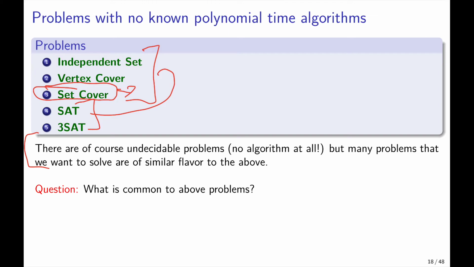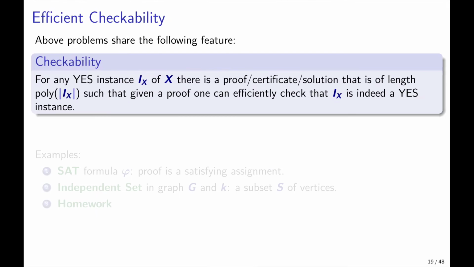So all those problems have in common that if the answer is yes, I give you an instance of the problem and ask you, is there a solution, you can give me a short proof. By short, I mean polynomial in the size of the input, and I can verify that the answer is correct. And we will go through examples for that.